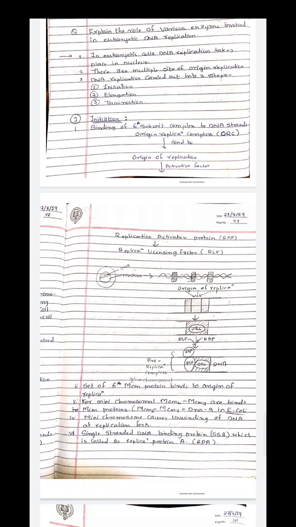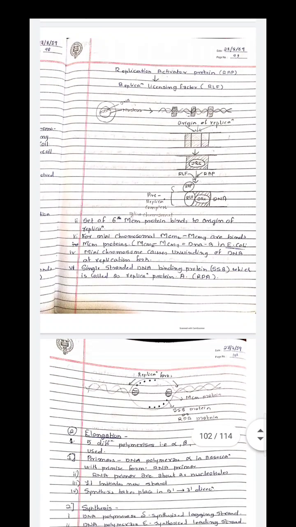These two, the licensing factor and activator protein, attach to the ORC region, and the whole forms the pre-replication complex.